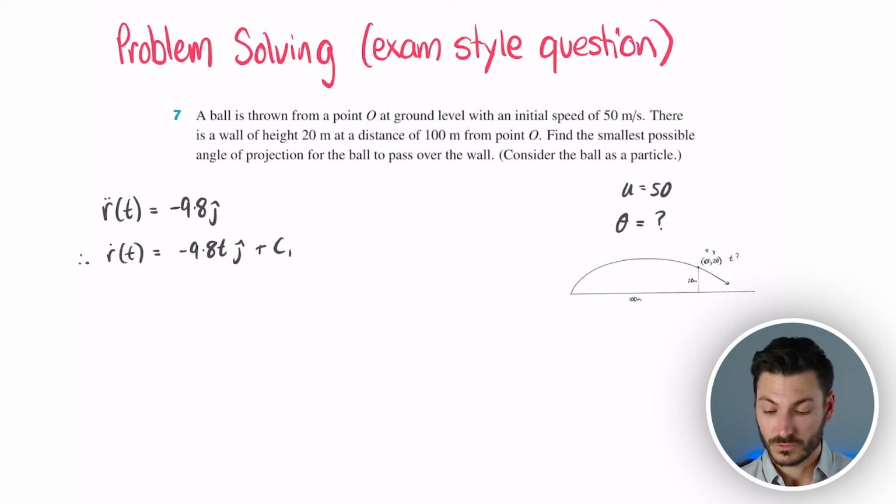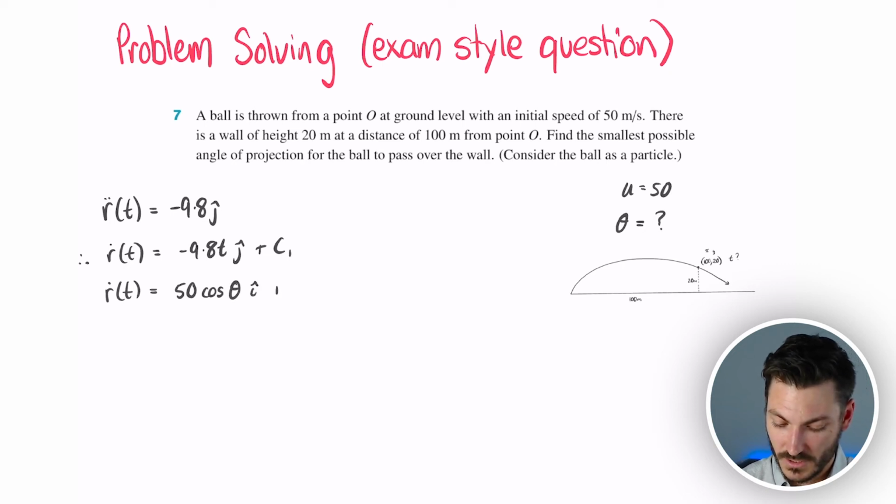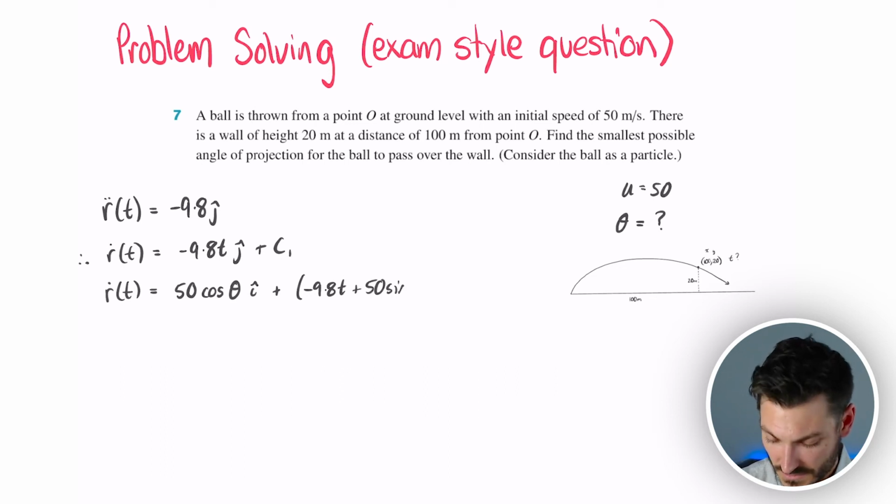I know my initial velocity is 50. I don't know the angle, so I'm going to have to leave it as theta for now, but we can still sub it in. And we get r dot t is equal to 50 cos theta in the i direction, plus negative 9.8 t plus 50 sine theta in the j direction.